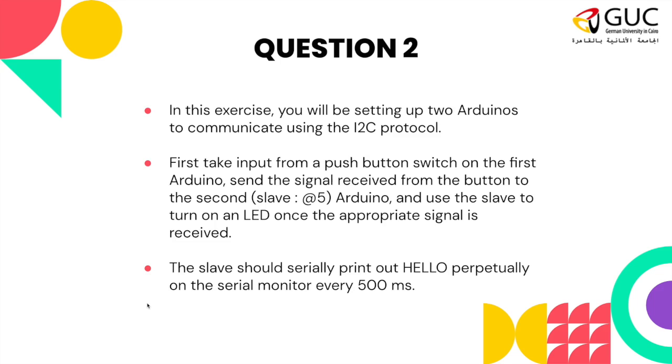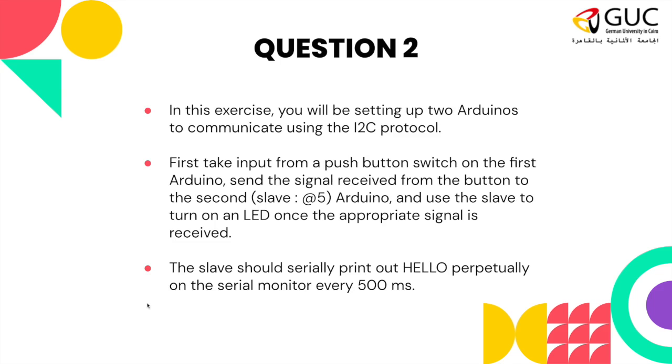So the slave, which is the second Arduino, its main function is every 500 milliseconds to print out hello on the serial monitor. Okay, and I'm pretty sure you should by now understand what the serial monitor is and the serial communication being used to display data on the serial monitor of the Arduino IDE.